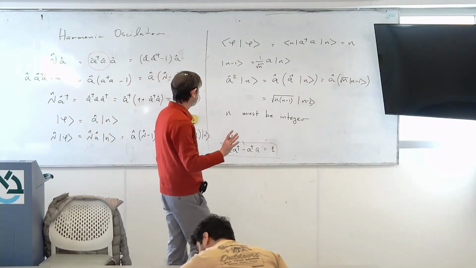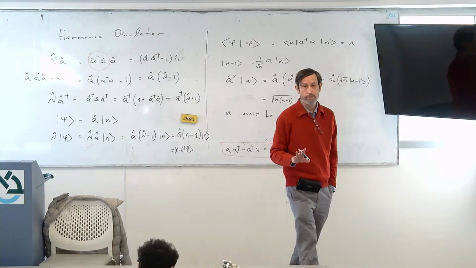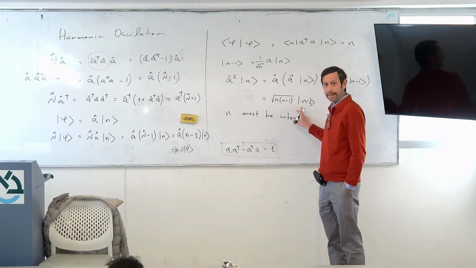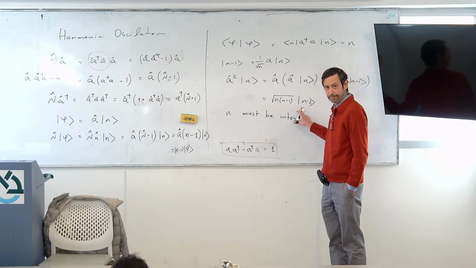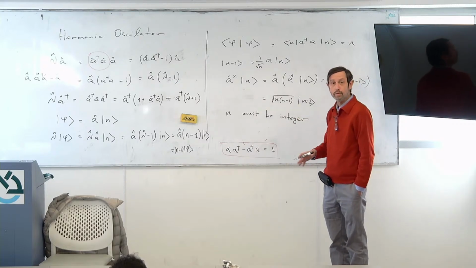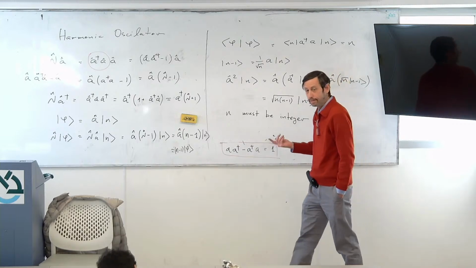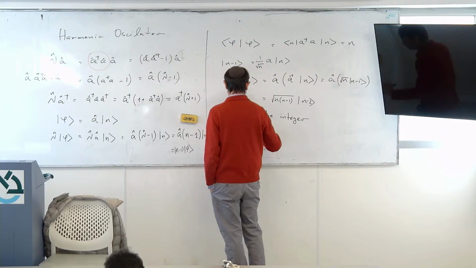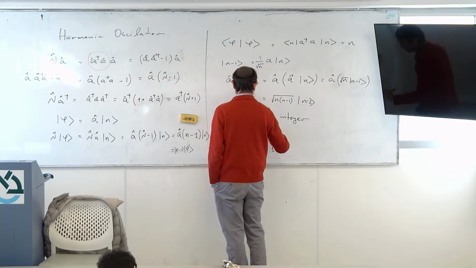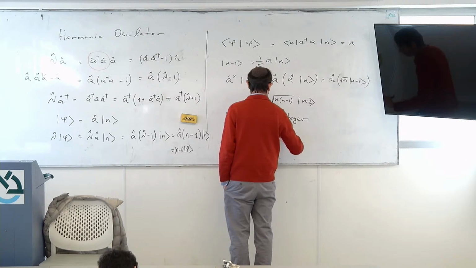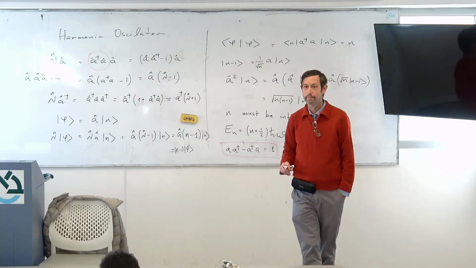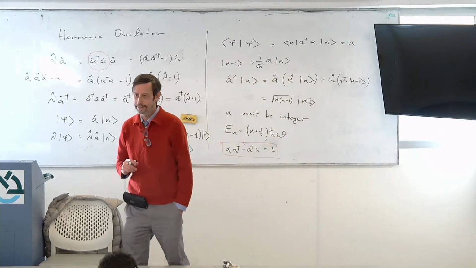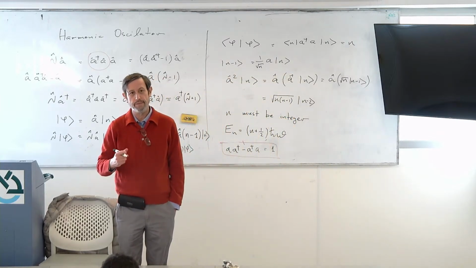Now I can, without anything further, without telling you anything about what the eigenfunctions are, tell you I know the spectrum of a harmonic oscillator. Equal distance energies starting with half h bar omega.